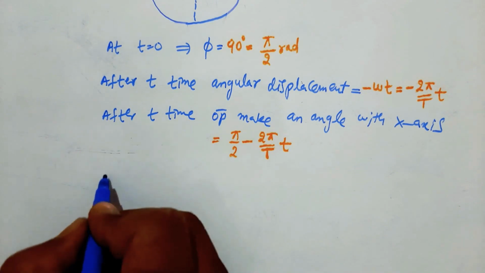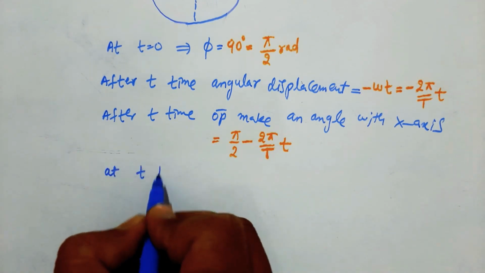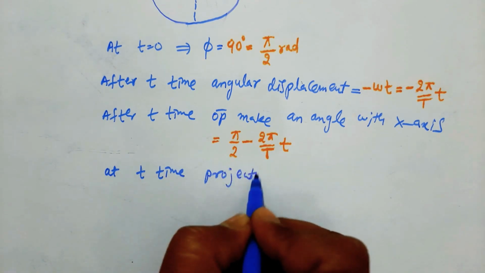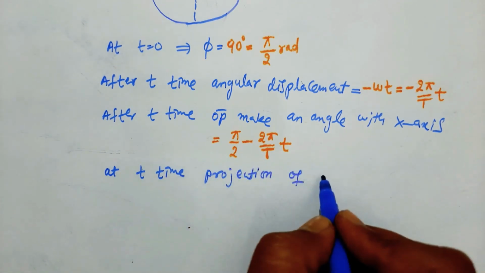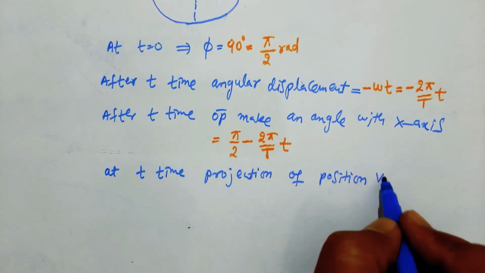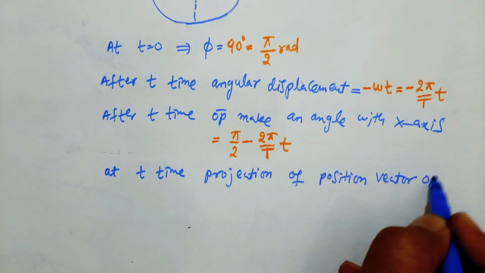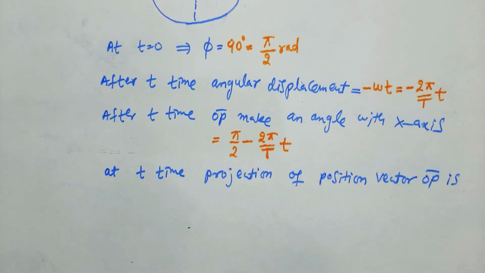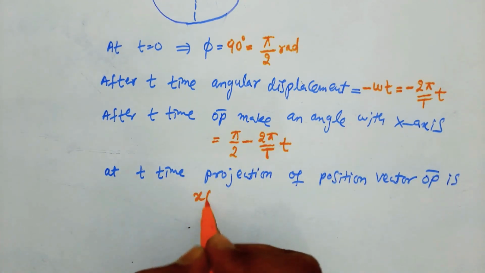At t time, the projection of the position vector OP bar is nothing but x of t.